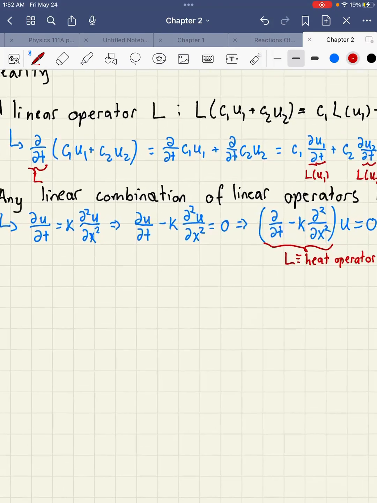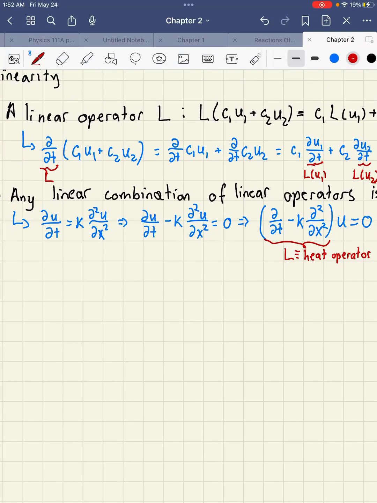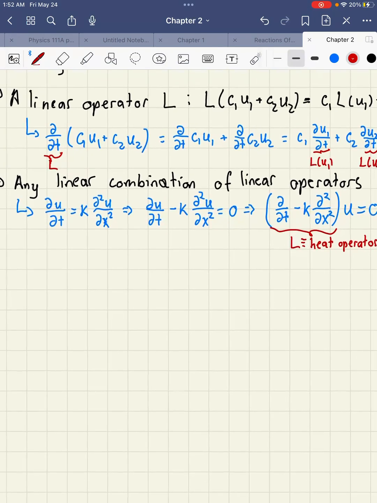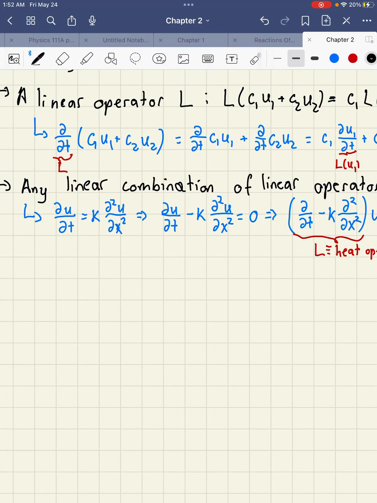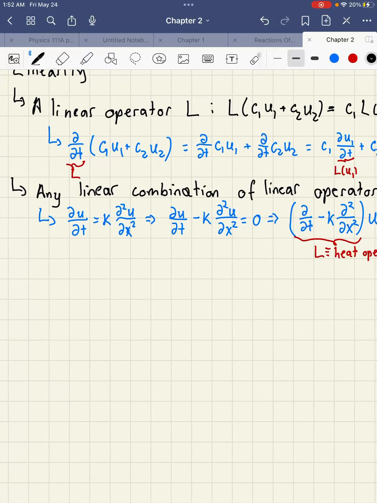When you take a quantum mechanics class, you learn about the momentum operator, kinetic energy operator, position operator, and so on. They have their own equations, such as the Hamiltonian, and it's pretty similar to what we're doing. We're only discussing linear operators here.